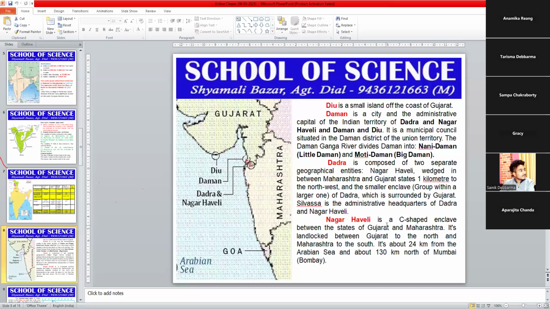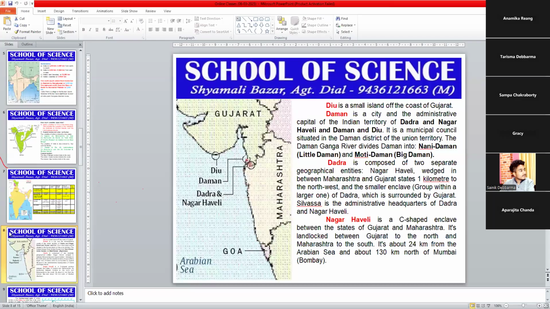Now, Nagar Haveli is a C-shaped enclave between the states of Gujarat and Maharashtra. It's landlocked between Gujarat to the north and Maharashtra to the south. It's about 24 kilometers from the Arabian Sea and about 130 kilometers north of Mumbai.